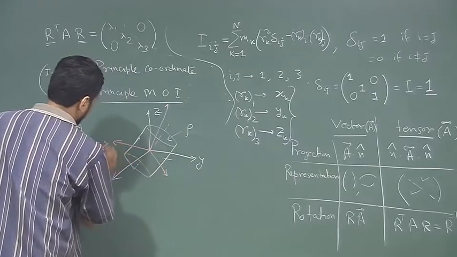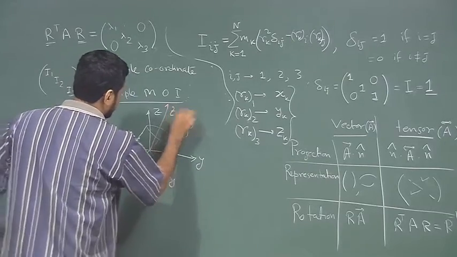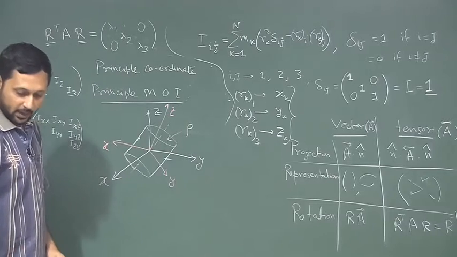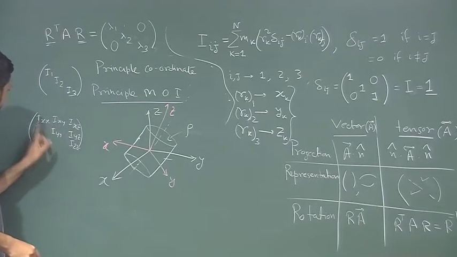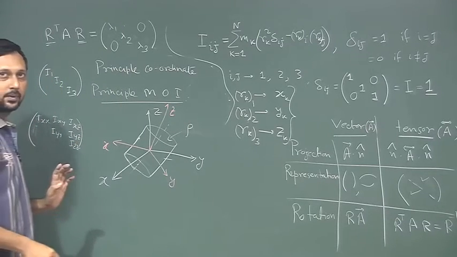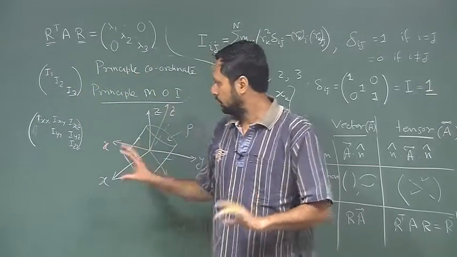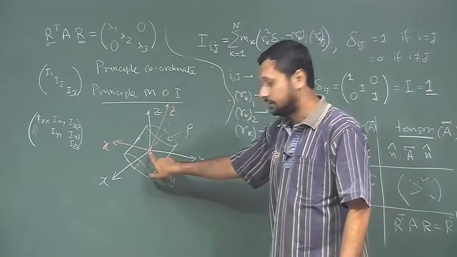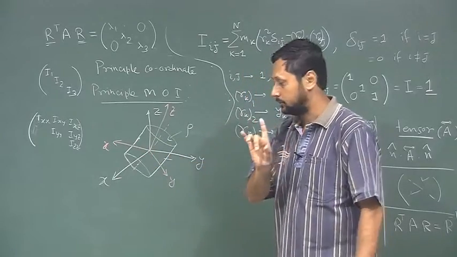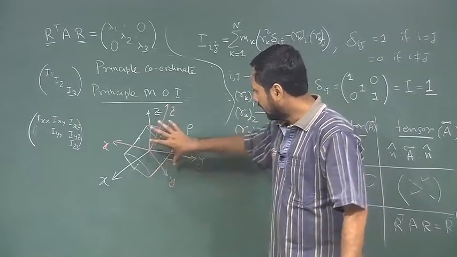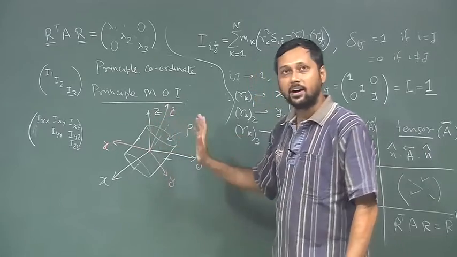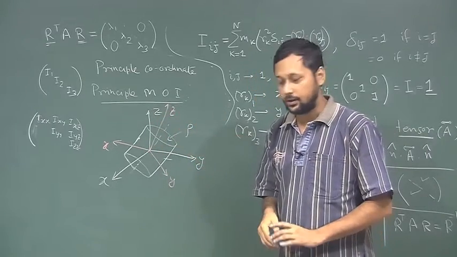So, this is my new x, this is my new y, and this is my new z. Okay. So, what will happen? This tensor, the values will be changing, definitely. These values will be changing for sure, because every time we are moving this coordinate, keeping this point intact, that is a very important thing you have to keep in mind. This point should not change. I am just rotating this by some angle theta, right.